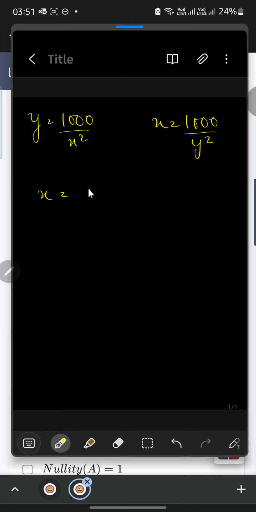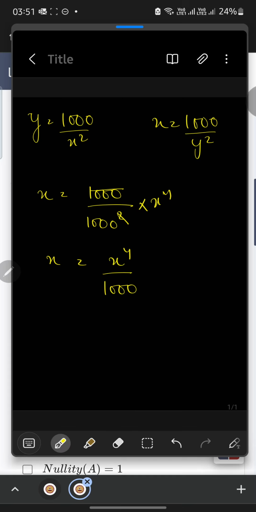So here, as I was saying, y equals 1000 by x square, and x is equal to 1000 by y square. By substituting the values, we get x is equal to 1000 by 1000 square into x raised to power 4. This will cancel out, and we will get x is equal to x raised to power 4 by 1000, right?